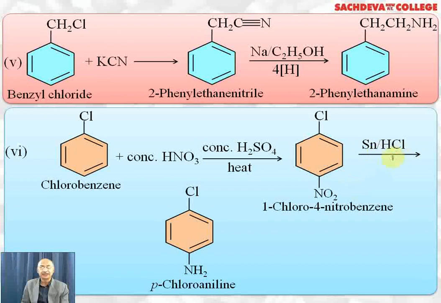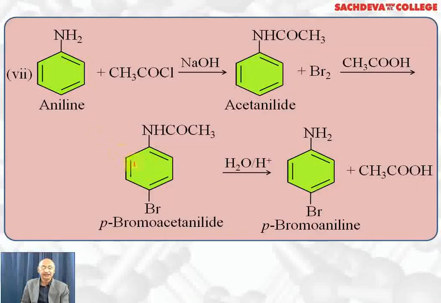When reduced with tin and HCl, nitro group changes to amino group. We get para-chloroaniline. Aniline to para-bromoaniline: we have to protect the amino group first by acetylation, CH3COCl in presence of NaOH, we get acetanilide. Acetanilide is treated with bromine and acetic acid to give para-bromoacetanilide, which on further hydrolysis gives para-bromoaniline and acetic acid is the side product.